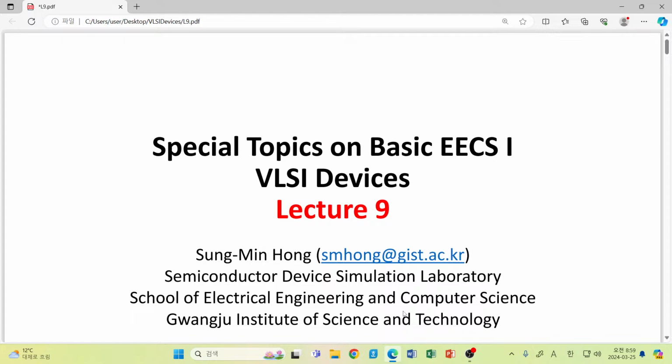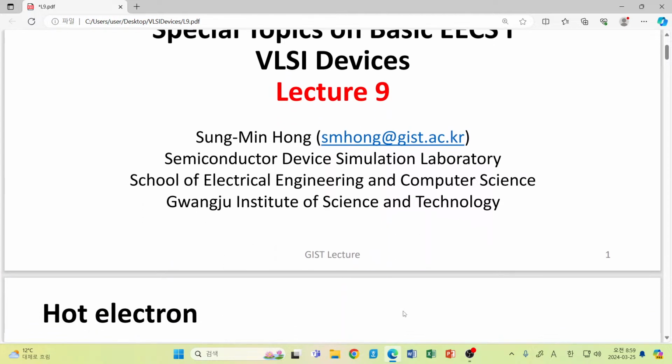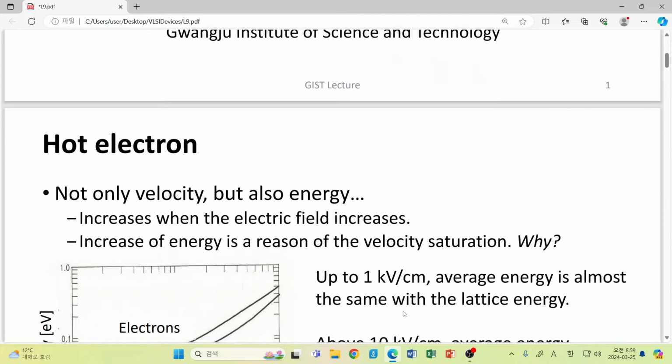Okay, this is lecture 9. In the previous lecture, in the last slide, we thought about how we can calculate the mobility of our electron.